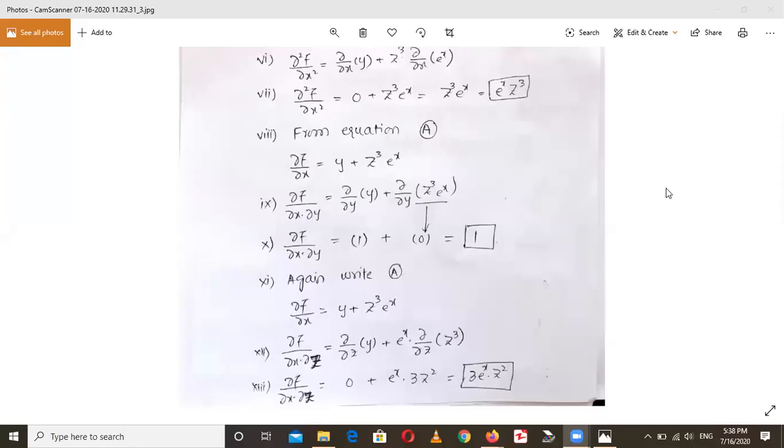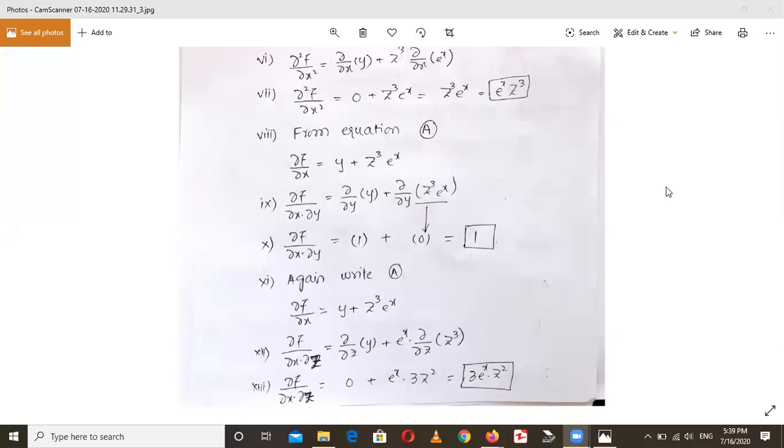Now in step number 10, we get del f divided by del x del y is equal to 1. This is basically fxy, which is equal to 1.